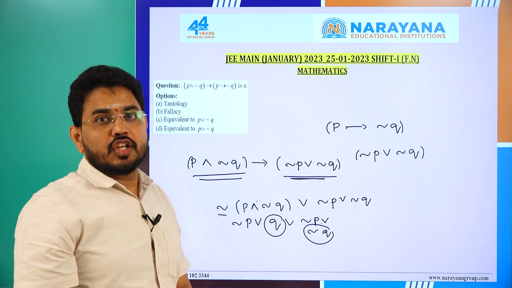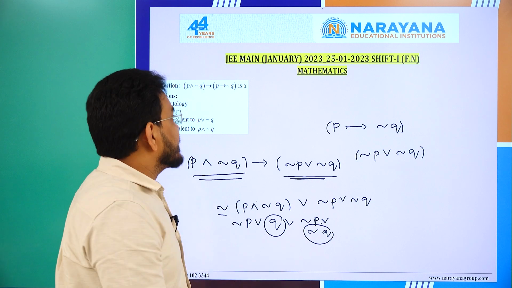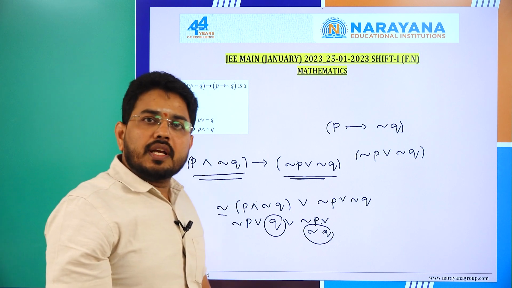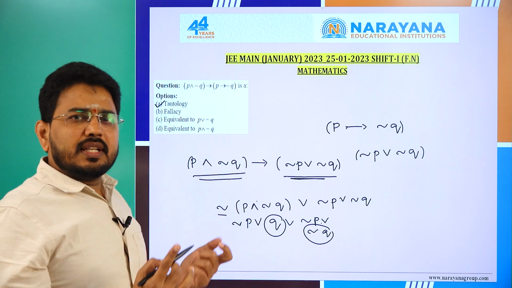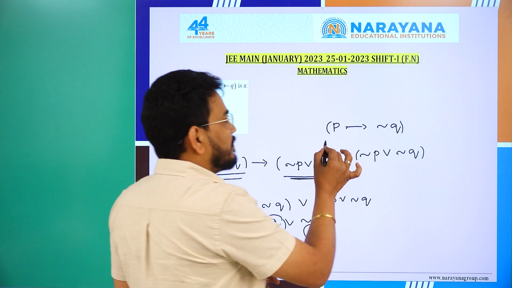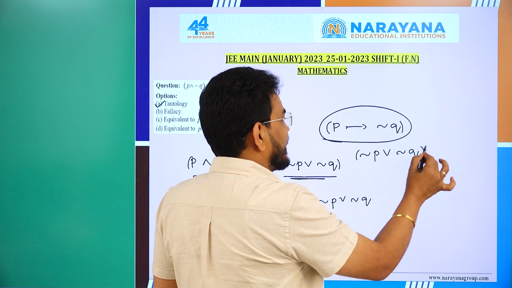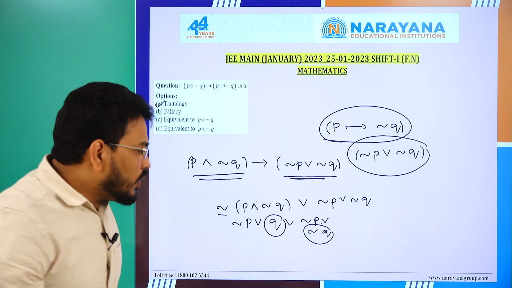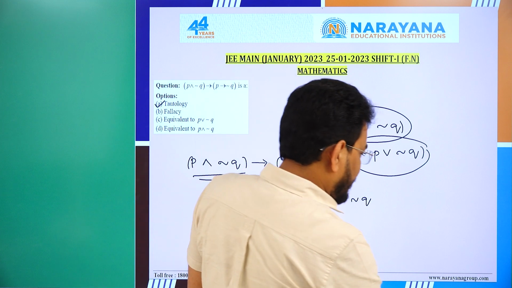So that is the tautology, and negation P is there. So we'll go and mark the answer as tautology. To solve this question, the basic concept needed is this. Okay. Moving to the next question.